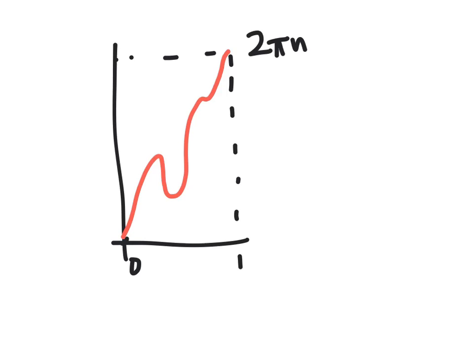So let's suppose we have our graph. Okay, at time 0 the angle is 0, at time 1 the angle is 2πn. And we've got some path, let's make it red.